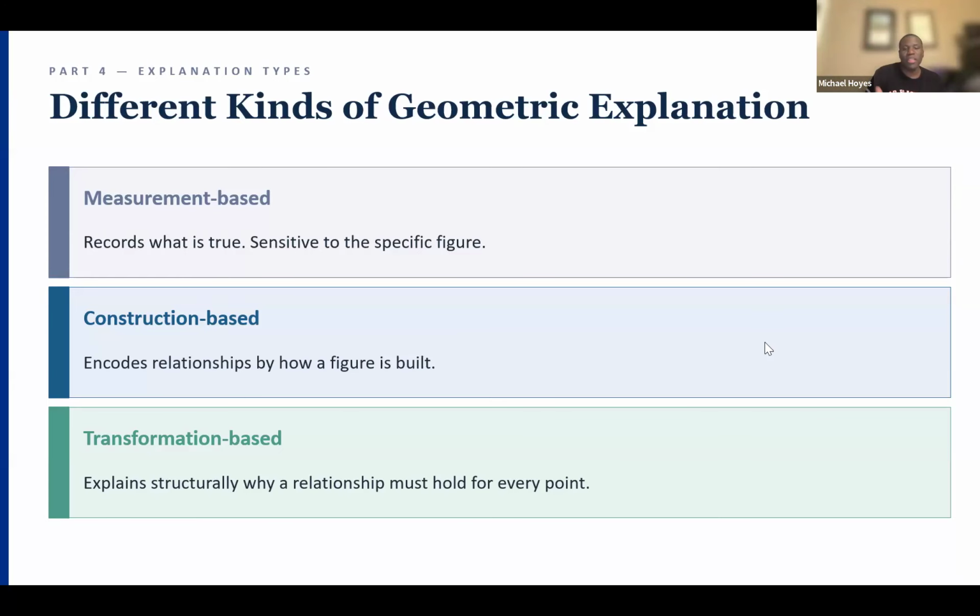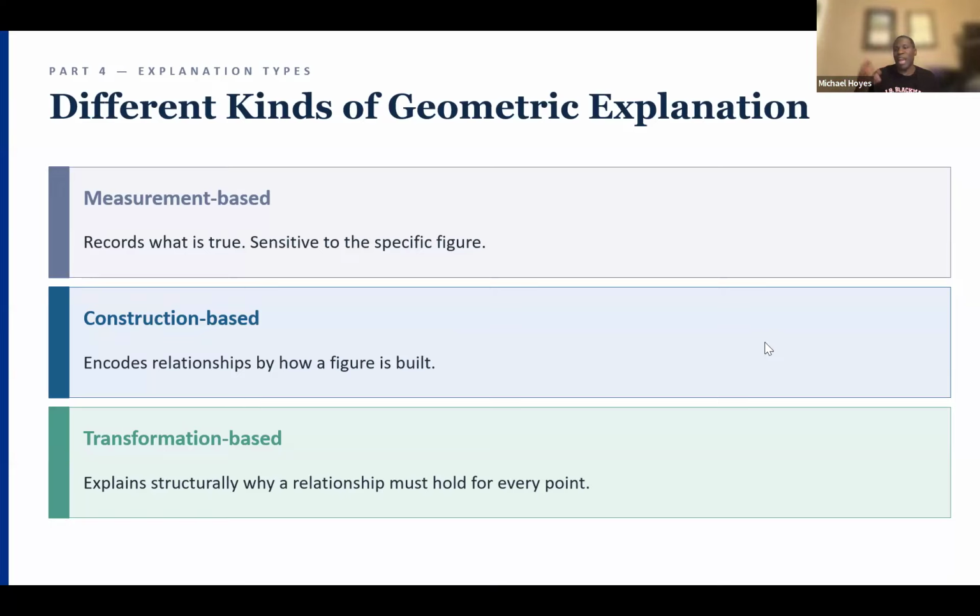Transformations, the idea of explaining things based off of movement, really talks about how a relationship has to hold in both locations of the particular structure. That movement explains how relationships have to be true based off of how the movement is defined. If I just mirror things, I know that the movement has not changed the structure of the object.